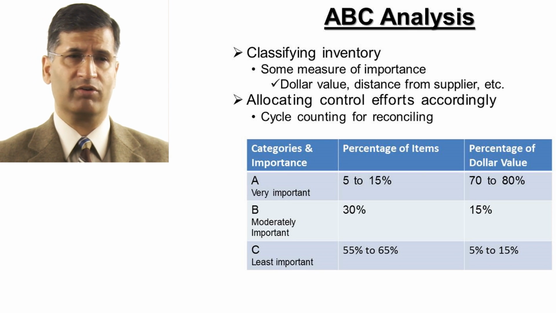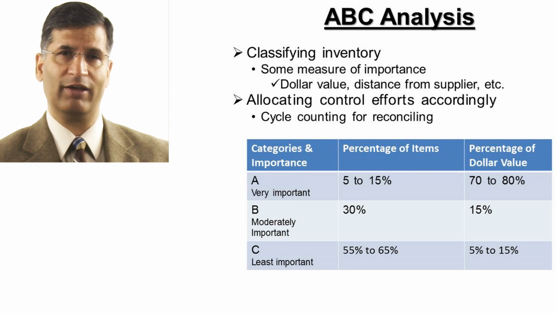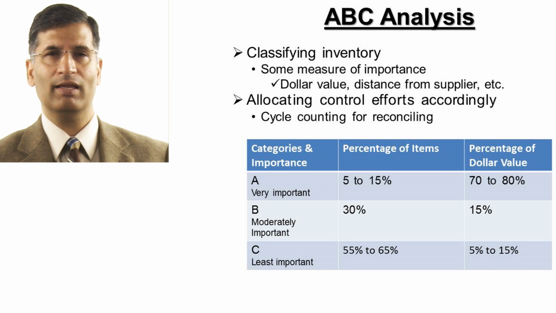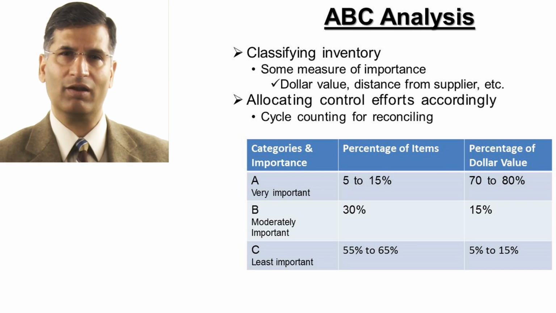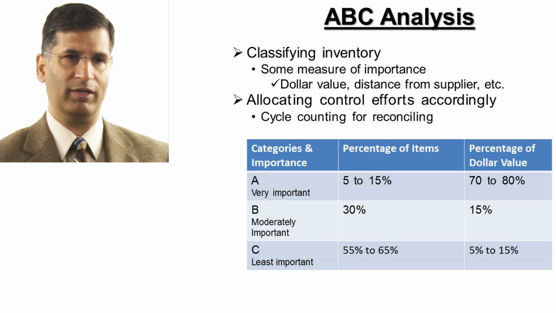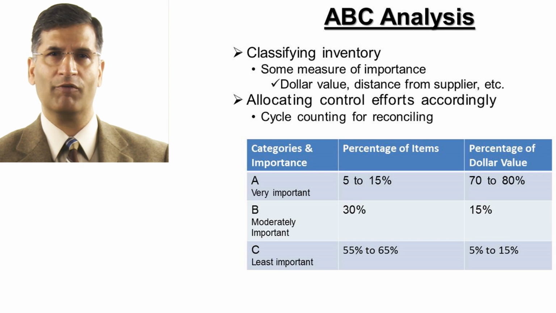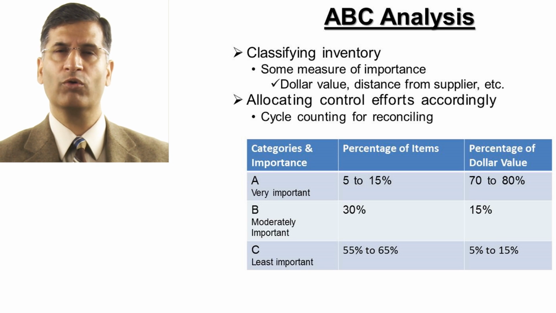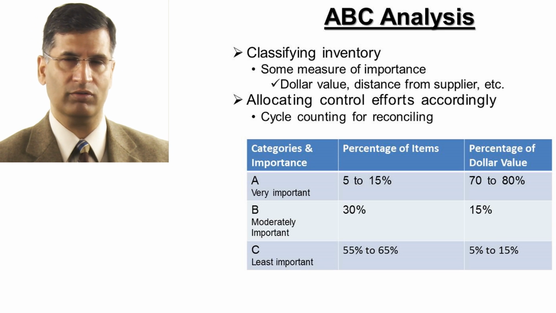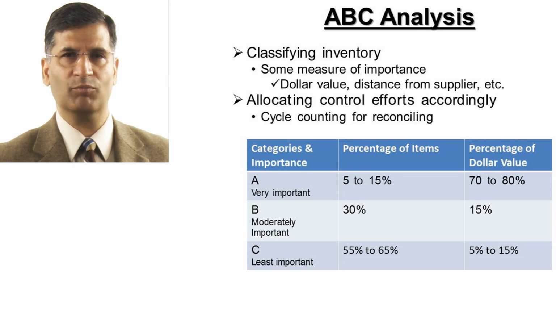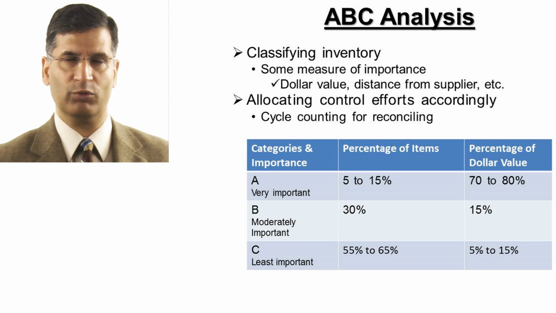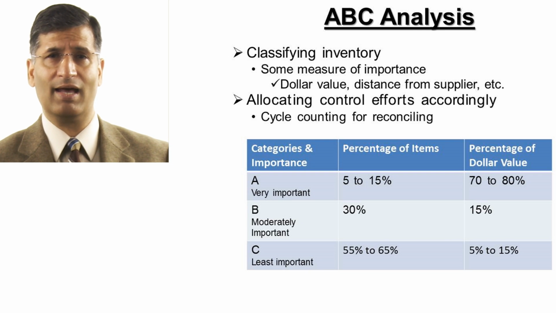So using some measure of importance, you need to classify your inventory. Typically, the classification is dollar value, but it need not always be dollar value. It could be things such as how far away the supplier is, how critical that item is to the operation. What happens if this item is going to become obsolete and you will have difficult time getting a replenishment for those items? So those can be another factor.